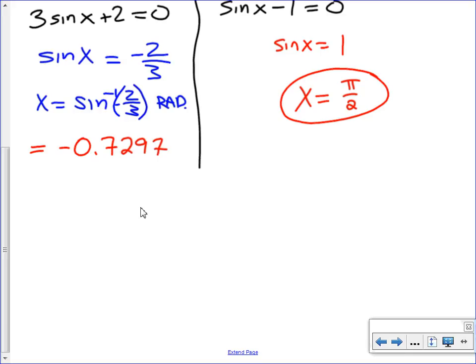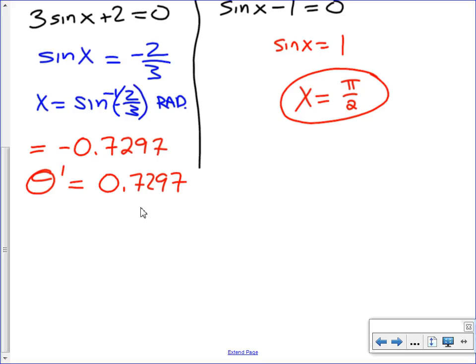So even if you get a negative, your reference angle will be the positive of that. It doesn't matter if this is negative, your reference angle is 0.7297.